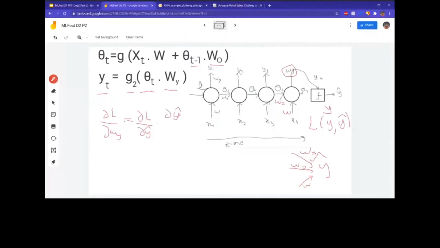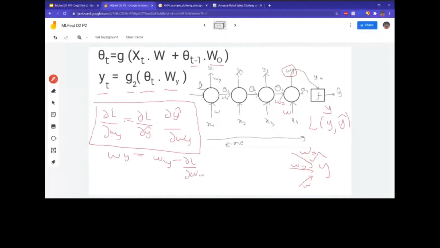So that's how you can calculate dou L by dou wy, and then to update this weight, you will just be doing wy equals, using the chain rule, by the way, wy minus this dou L by dou wy we got.